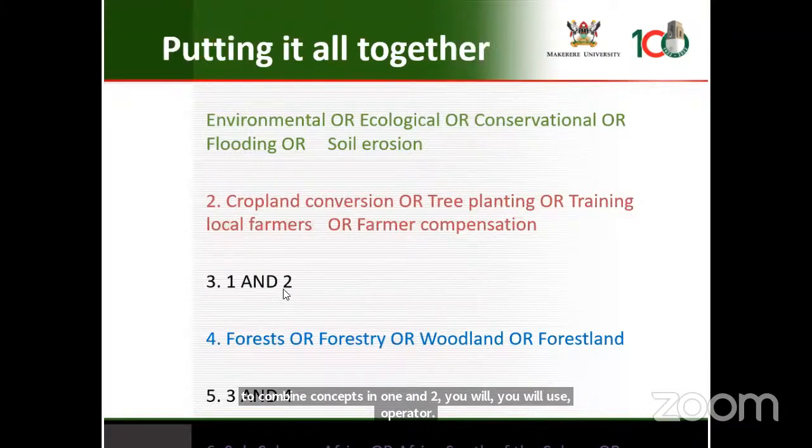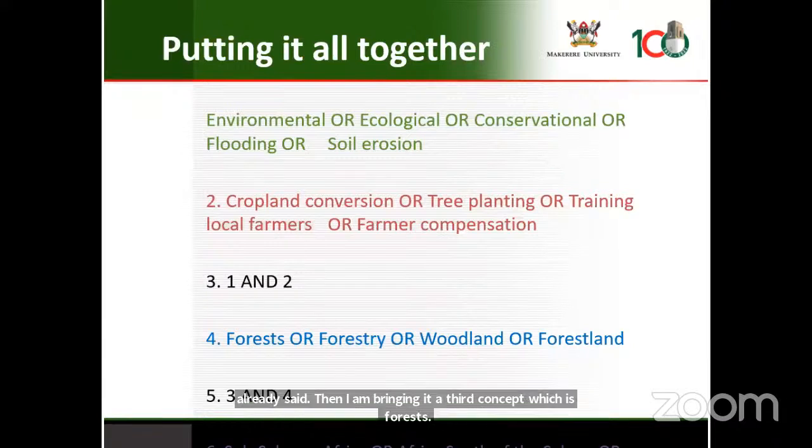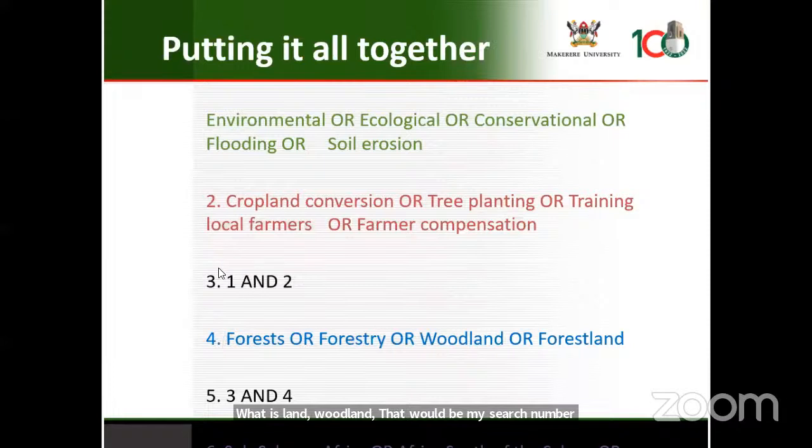I'm just repeating what I've already said. Then I am bringing in a third concept, which is forest land, woodland. That would be my search number 4, and then I also combine it with 3 to do 3 and 4.